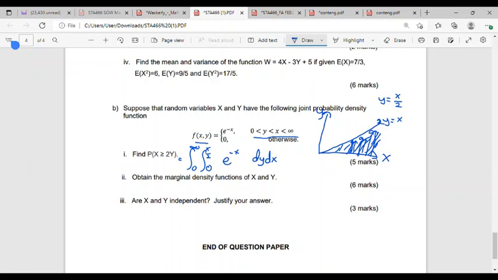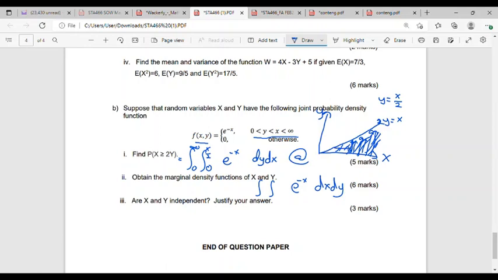Or alternatively, if we want to integrate with respect to dx dy also can. So for dx dy, it will be from, this is x, this space x.